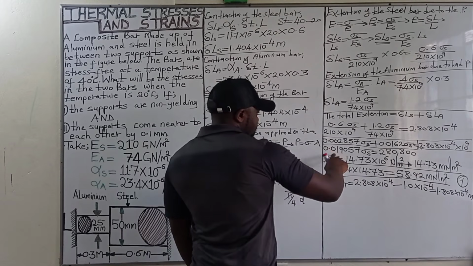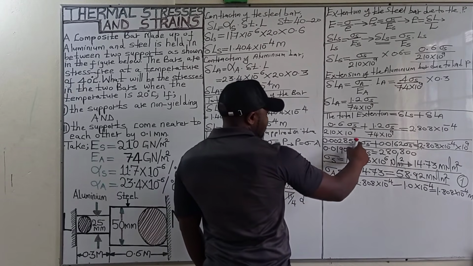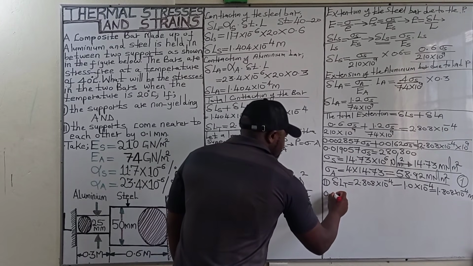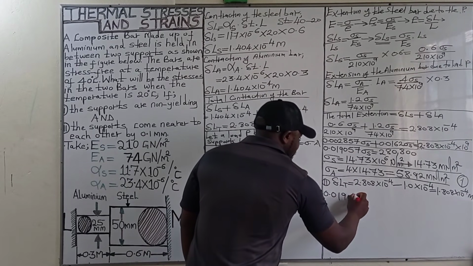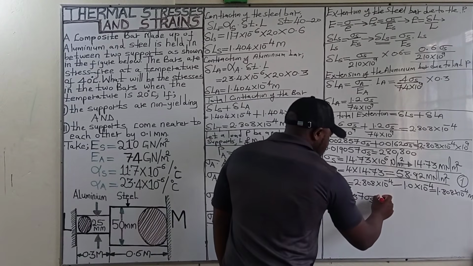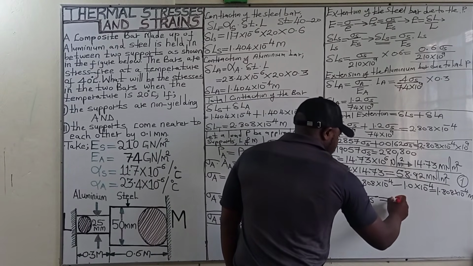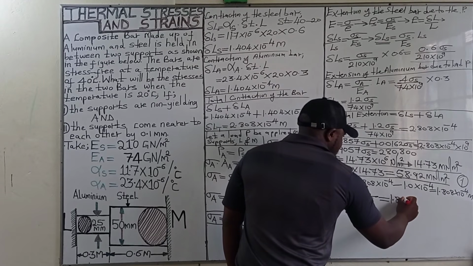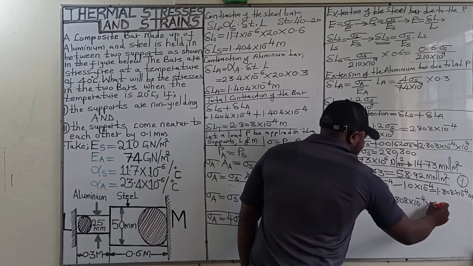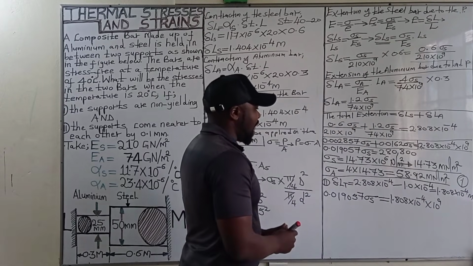So when we add these two, we get 0.019057 stress in steel being equal to 1.808 times 10 raised to the power of negative 4 times 10 raised to the power of 9.